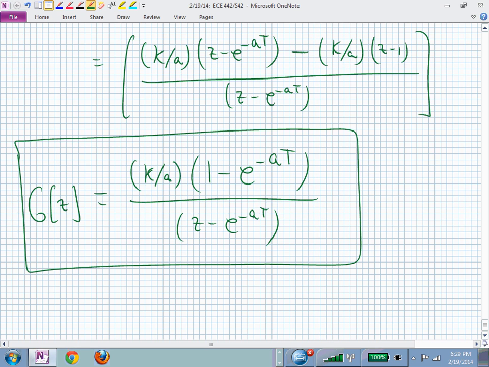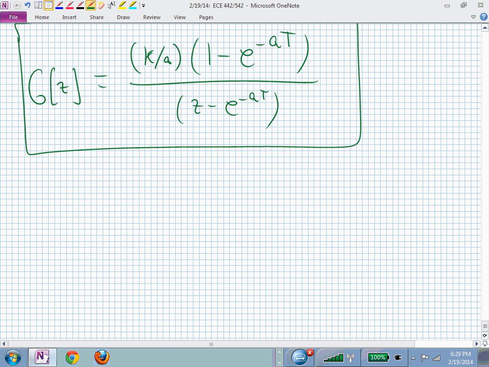So now we're trying to talk about this plant that's now a discrete time representation of an original first order plant. Our pole is where the denominator vanishes, and that's going to be at a value of z equal to e to the minus at.